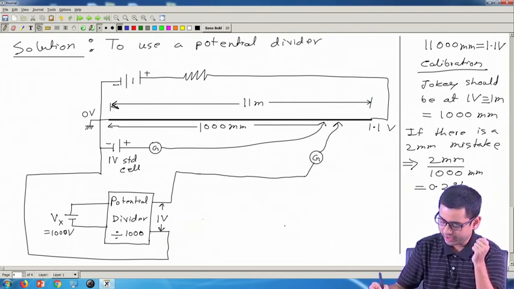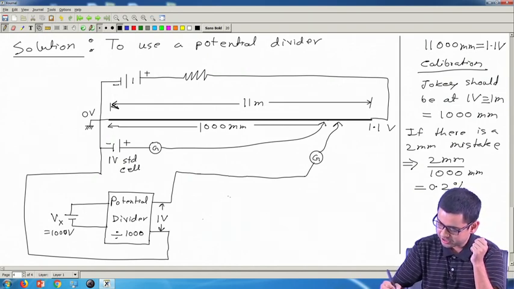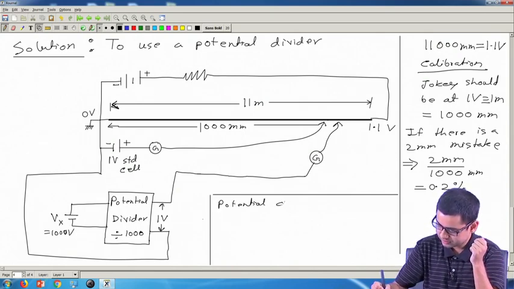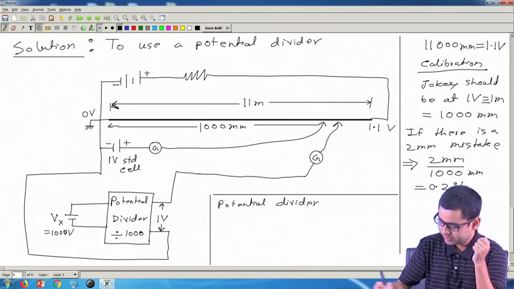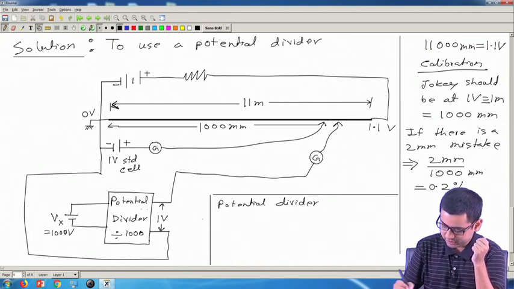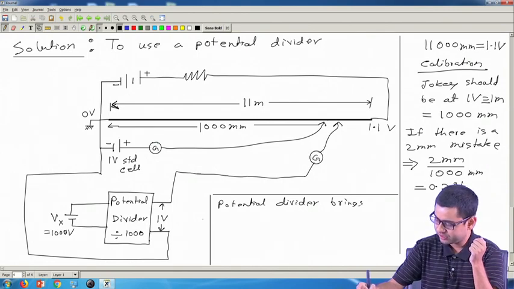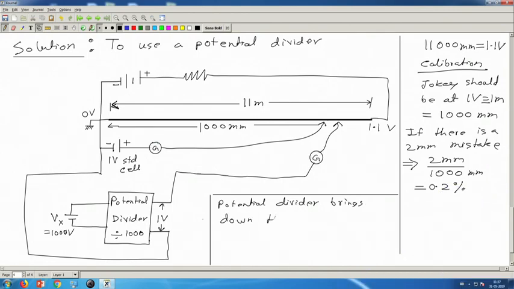And let me recap what a potential divider is. A potential divider brings down the input voltage to a lower value, by some precise factor.